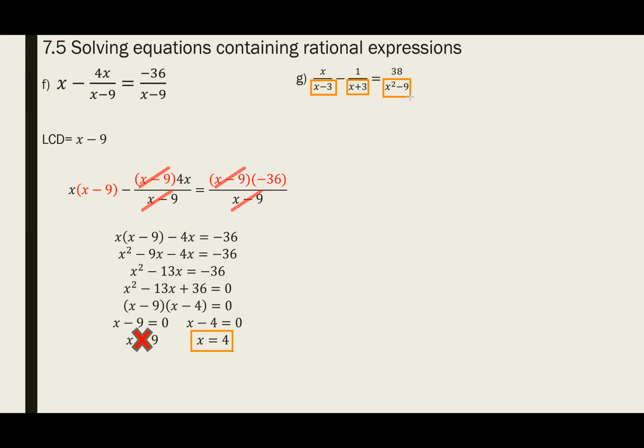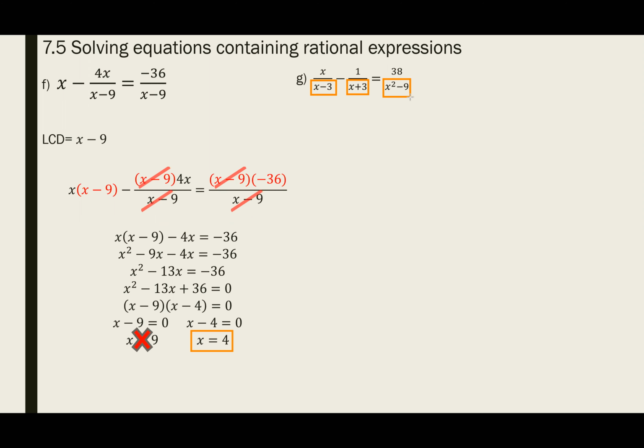Looking at this, the first thing I want you to see is, what is the difference between G versus F? Well, in G, my original problem, I have an x squared. And if you look at your notes, at all of the problems F, E, D, C, B, A, none of them have x squared on the denominator, right?